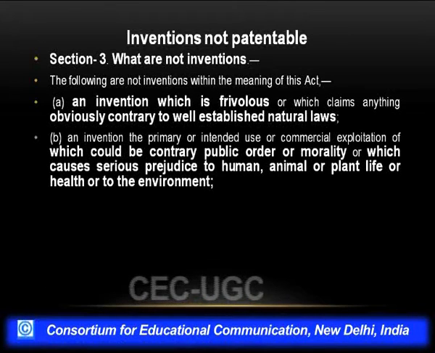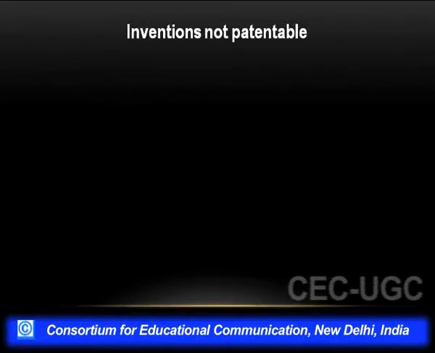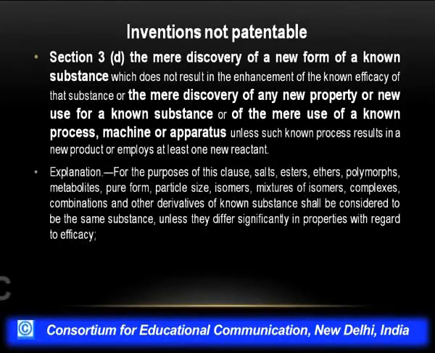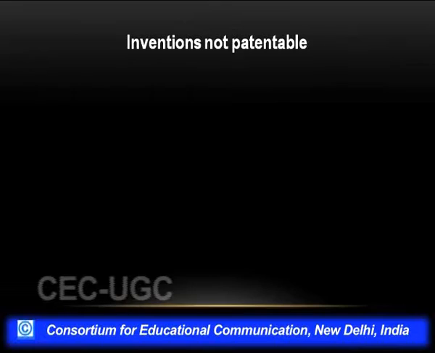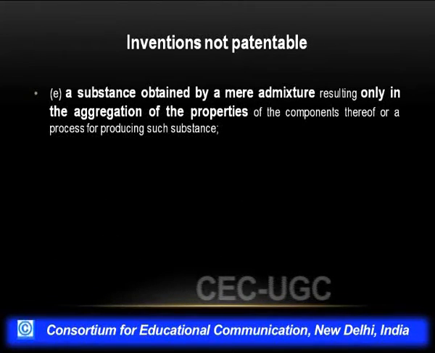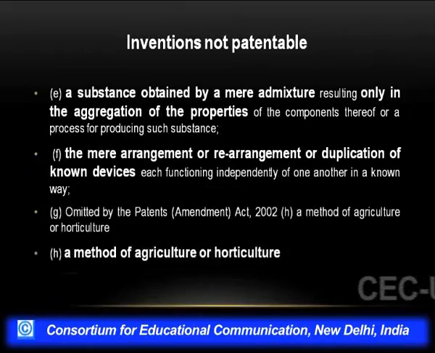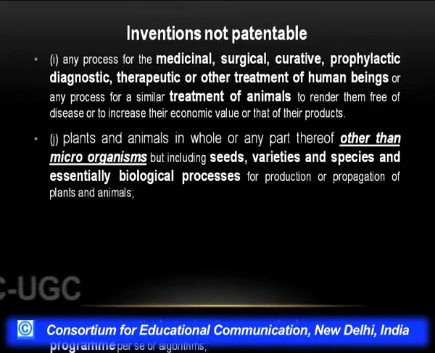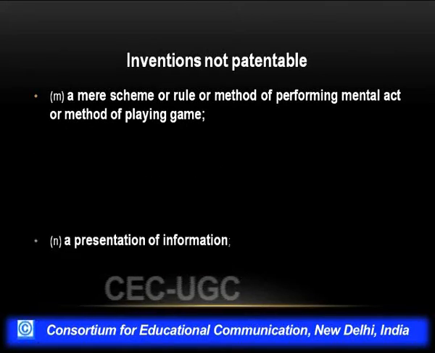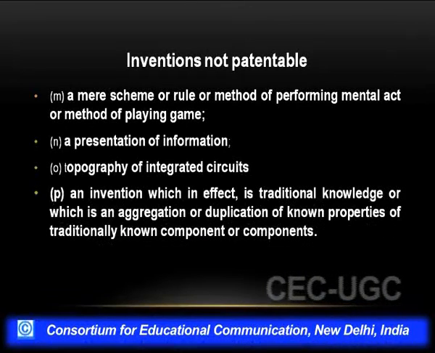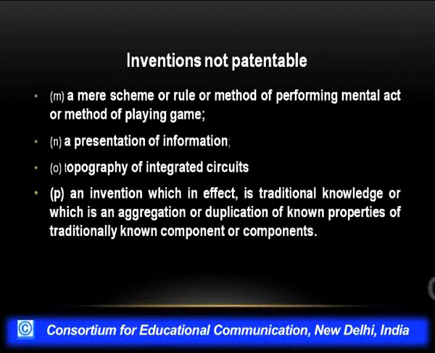There are clauses, section 3A, section 3B, C, then D, the explanation attached to 3D, then there is another provision 3E, F, G, H, I, till you see section 3P. So it's a long, lengthy section, a very beautifully worded section excluding many things, and the premise of the exclusion is based on some or the other belief, some or the other rationale and logic.